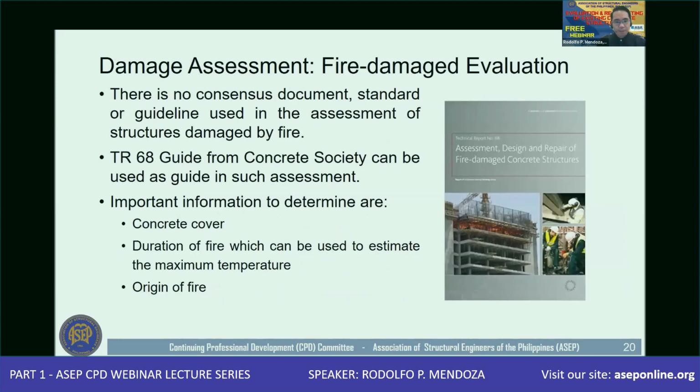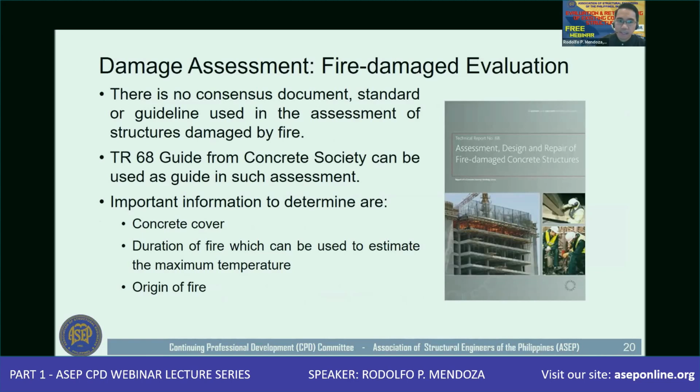Now, you may also perform a damage assessment when a structure is damaged by fire. And in terms of codes and standards, there is no real consensus document that is used in the assessment of structures damaged by fire. In some cases, you can use as a reference the TR68 guide from the Concrete Society.